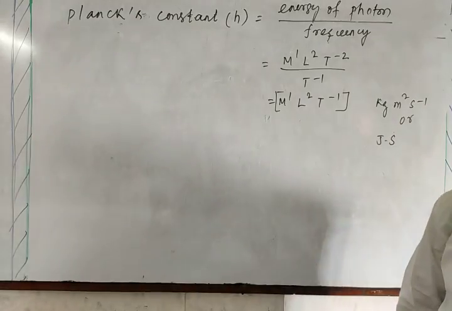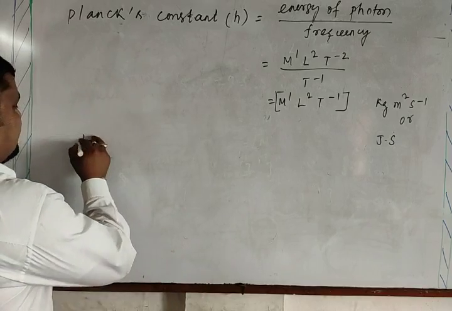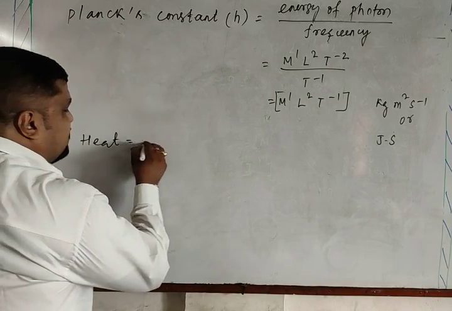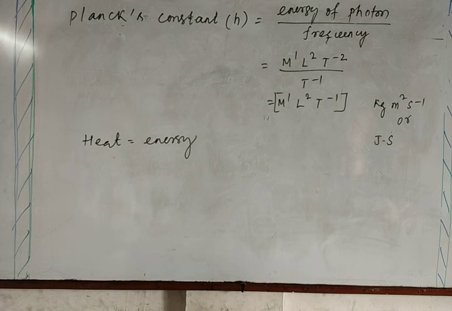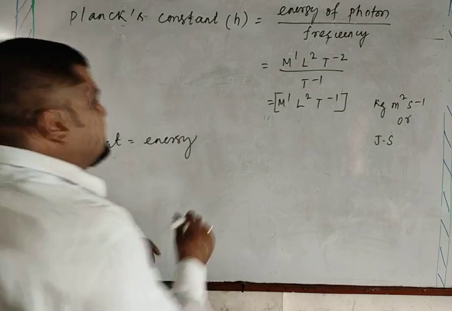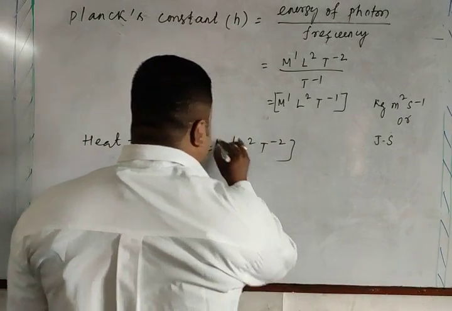Then another is heat. Heat is a form of energy. So what is the dimension of energy? That is the dimension of heat: m1 L2 T minus 2. It is the same dimension.